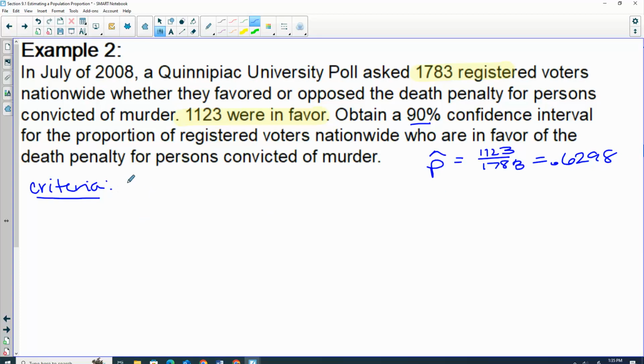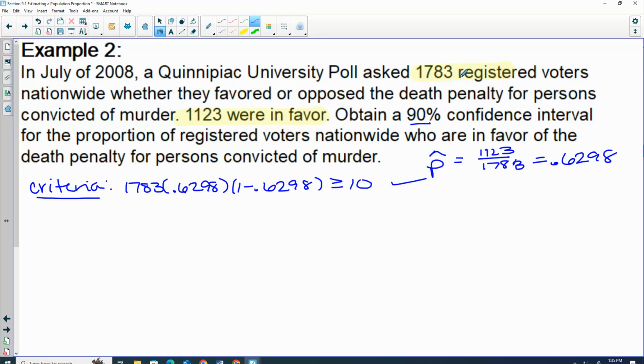So our n, 1783, times our p hat, 0.6298, times 1 minus p hat, has to be greater than 10. So I get 415 something. So that is definitely bigger than 10, so that works.